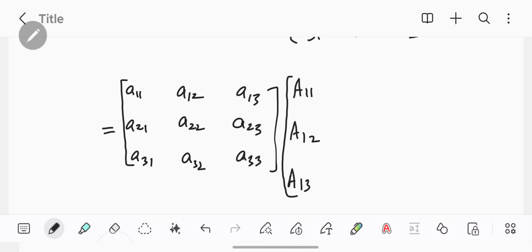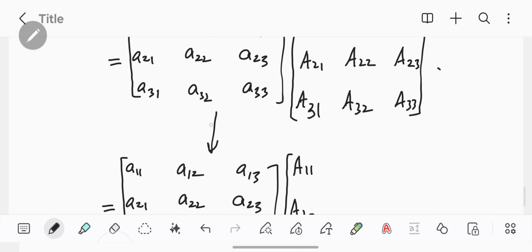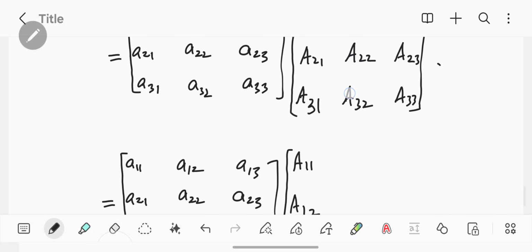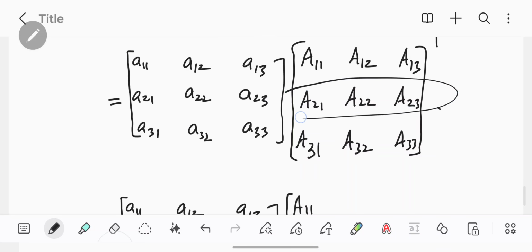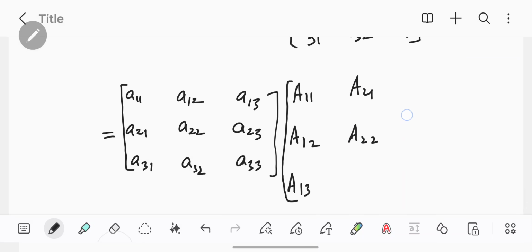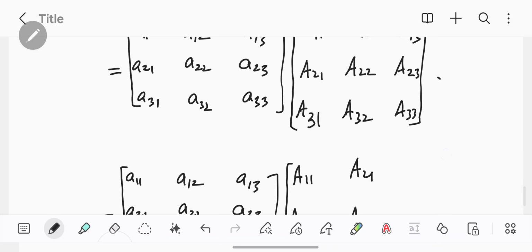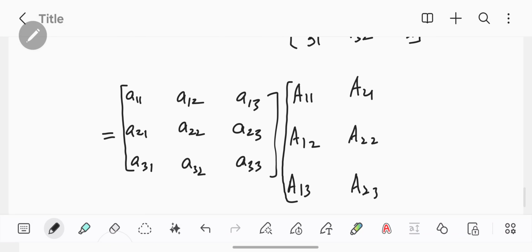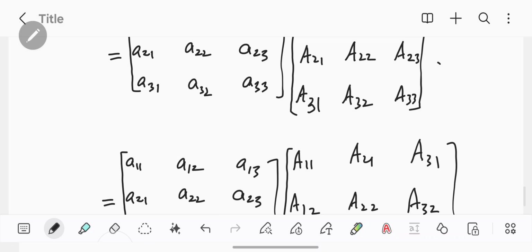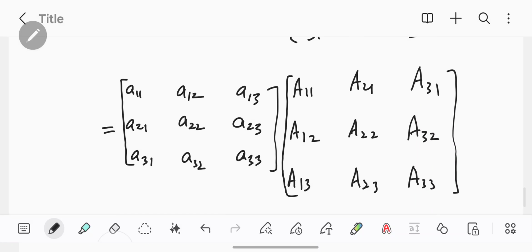I have written A as it is, and applying the transpose means the first row becomes the first column, the second row becomes the second column, A21, A22, A23, and similarly the last row becomes the last column, A31, A32 and A33. Now the transpose is applied, so I have not written transpose now. Now I will multiply both matrices.